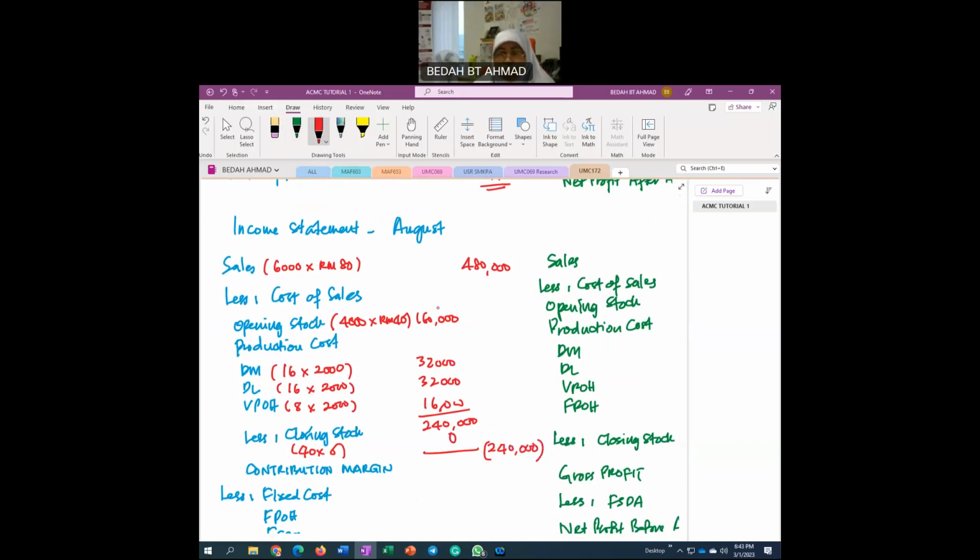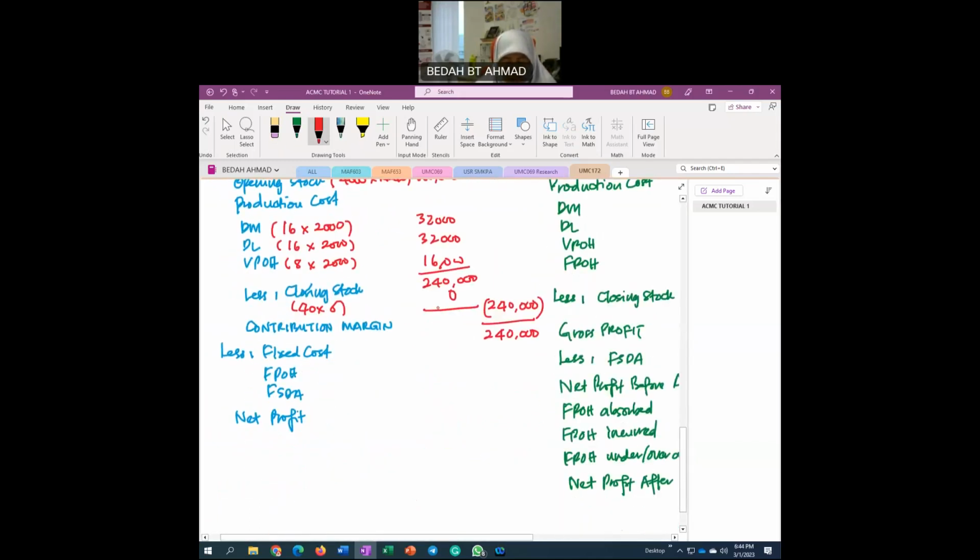So minus from sales, that will give you a contribution margin of 240,000. Okay, so less the fixed cost, fixed production overhead budgeted at 96,000. Okay, and fixed selling, distribution, administration is 40,000.